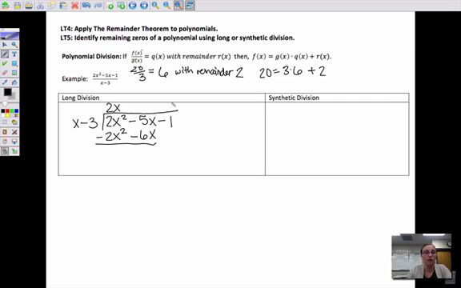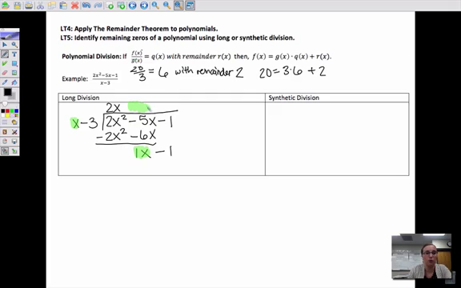So just like in long division, I'm going to subtract what I've got. So this will get me nothing. Negative 5 minus negative 6 will actually be plus a positive 6, so I'll have 1x, and then I'll carry down the minus 1. Now I want to figure out what times x will get me 1x.